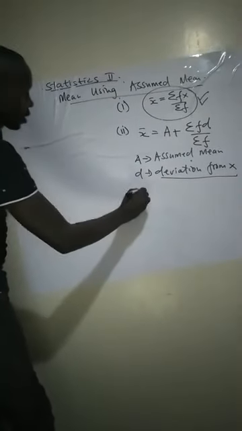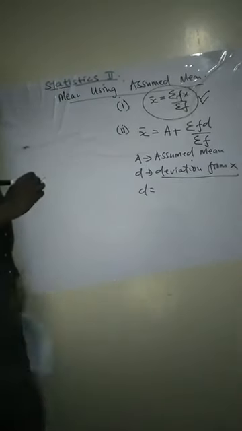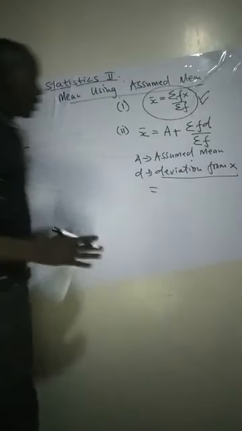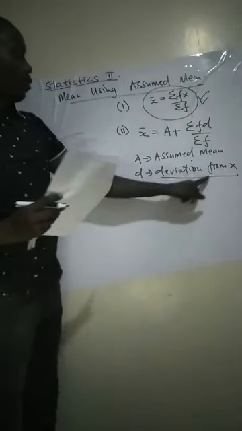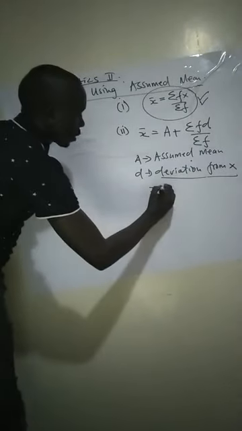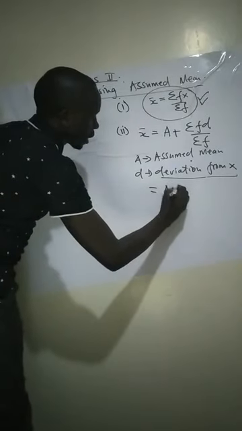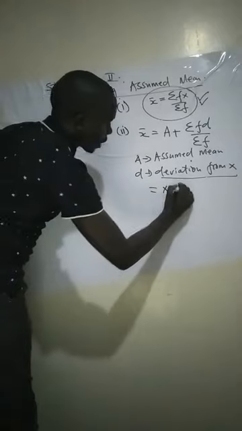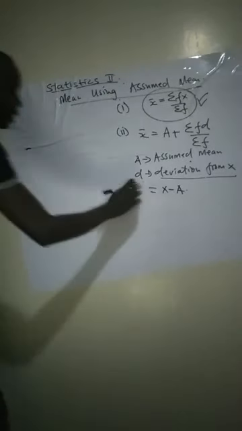So d is the deviation from x: we take x minus the value of A, the assumed mean, to get the value of d.